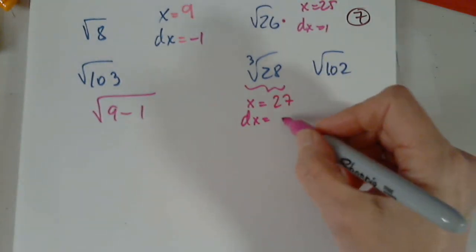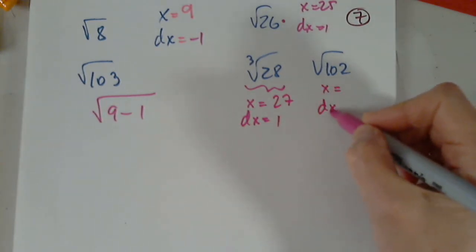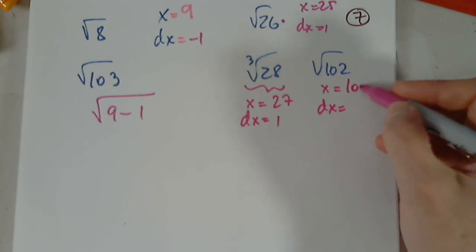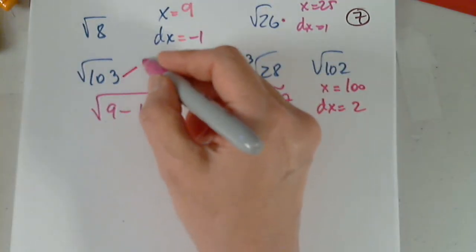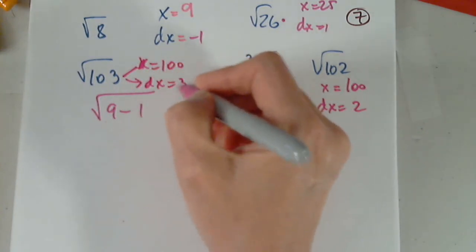Would it be 27? Very good. Awesome. And 1. What about here? It'd be 100. Exactly. And of course here the same thing. x is 100 and dx equals 3.